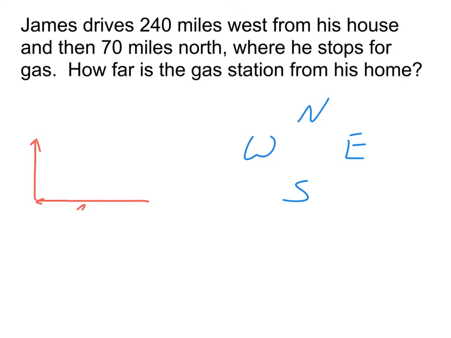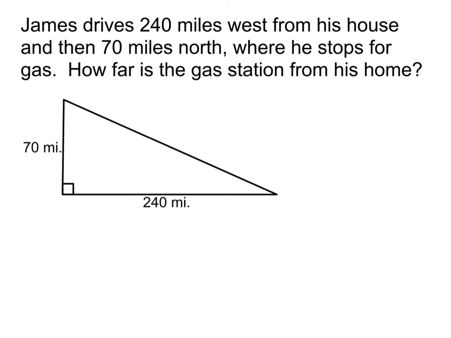So we're looking at this kind of a situation where he goes 240 and then he goes 70. Notice then we're trying to figure out what is the total distance from start to finish. This is our picture that we're looking at to know what we are trying to figure out.